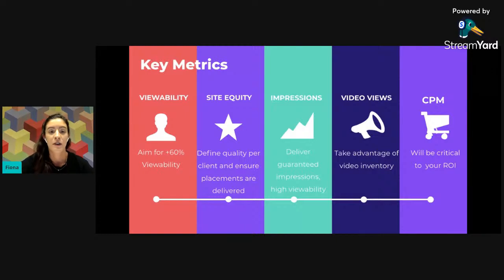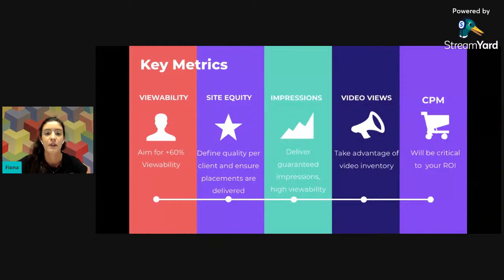The next slide shows some of the key metrics that we would be measuring throughout the duration of the campaigns. One of them is viewability. This is when the ad is clearly shown on the screen, defined as a display ad that is at least 50% above the fold for 1 second.